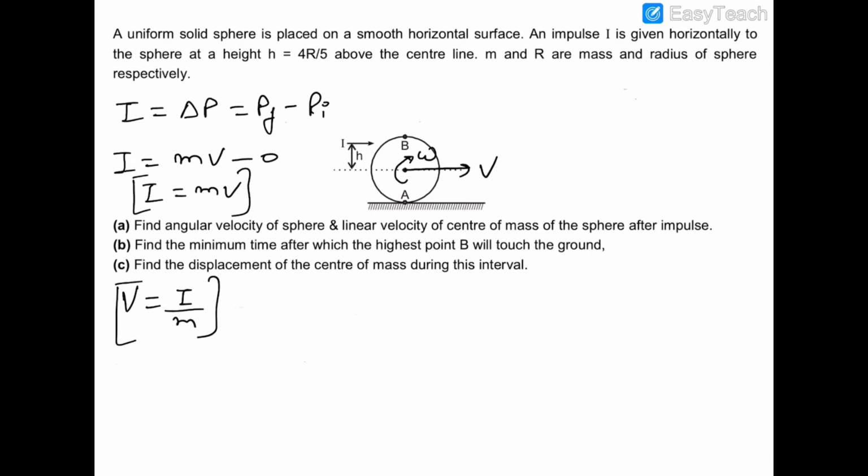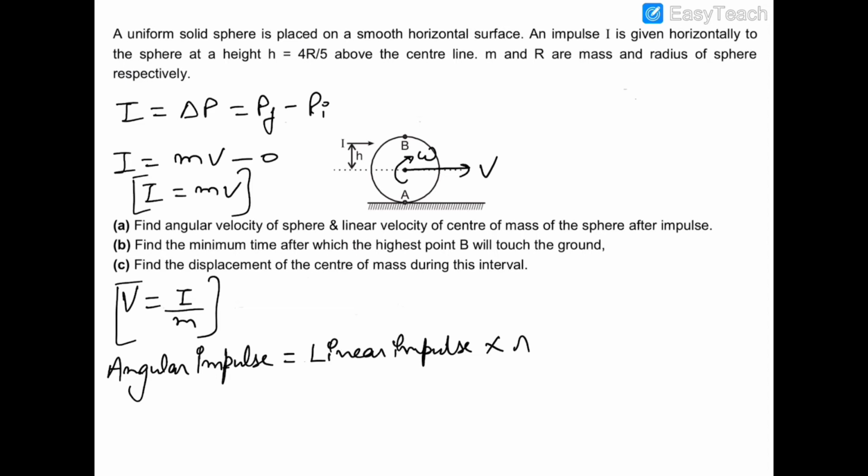Now to find out the omega, we can write down the angular impulse. The angular impulse is nothing but the product of linear impulse with the distance, where distance is the distance from the point about which we are calculating the angular impulse.